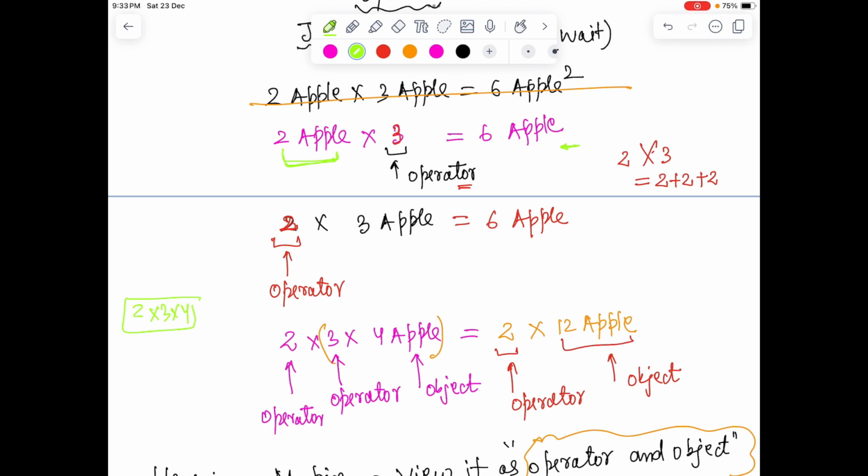So here again we can imagine 4 apple as an object, 3 as an operator, and 2 as another operator. So now again, it depends on the rule of the game, like how we define it.